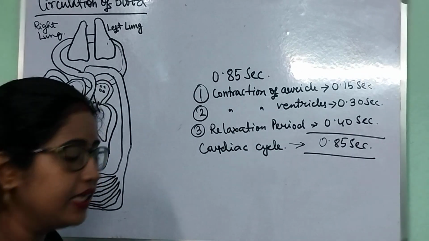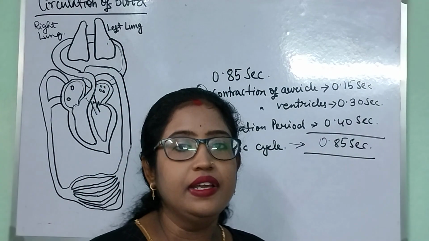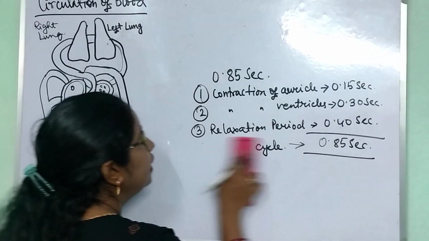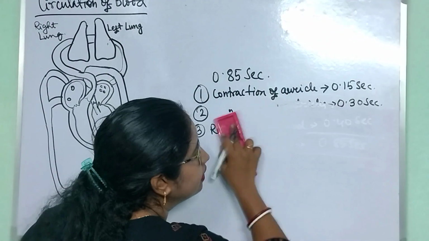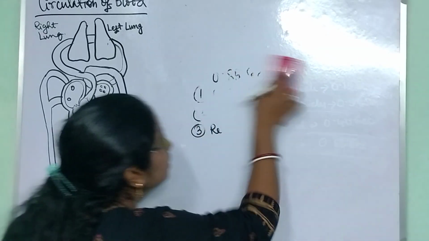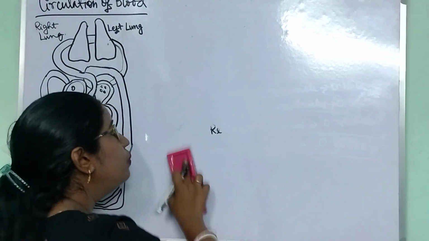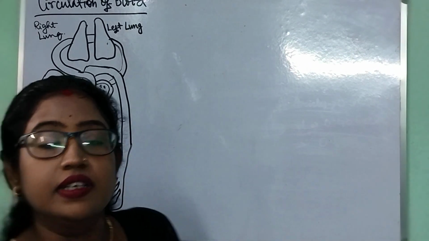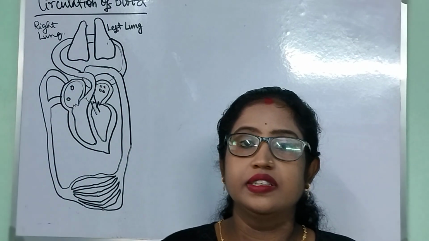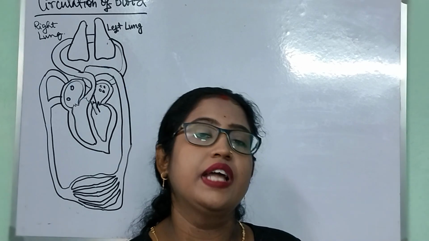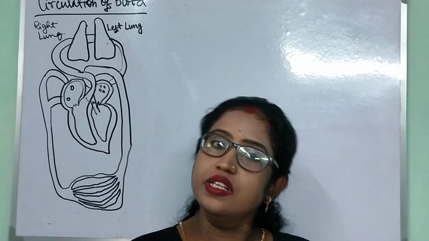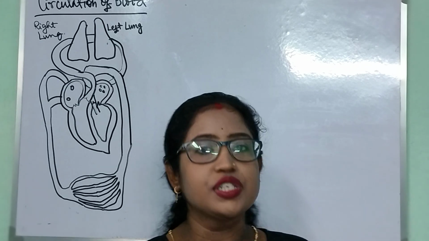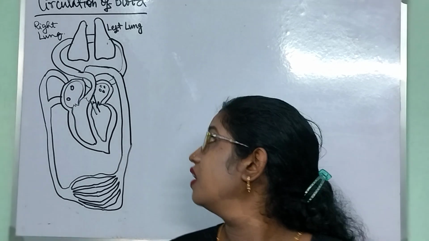So one cardiac cycle takes 0.85 second. So in one cardiac cycle, blood flows twice in heart, and in human heart this circulation type is known as double circulation. So let us discuss this double circulation events one by one.